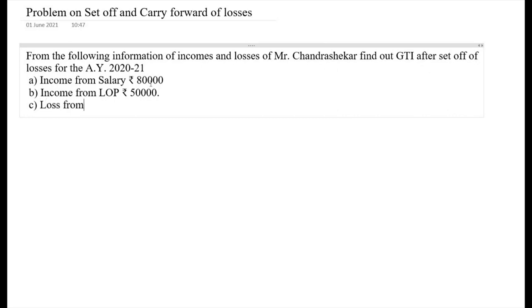Loss from SOP, rupees 80,000. Loss from non-speculative business, rupees 1 lakh.